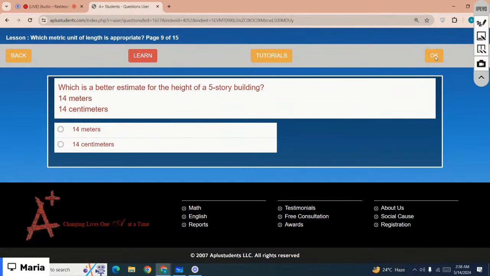Which is a better estimate for the height of a 5-story building, 14 meters or 14 centimeters? The correct option is 14 meters, because that's a 5-story building, so the length must be in meters, right?